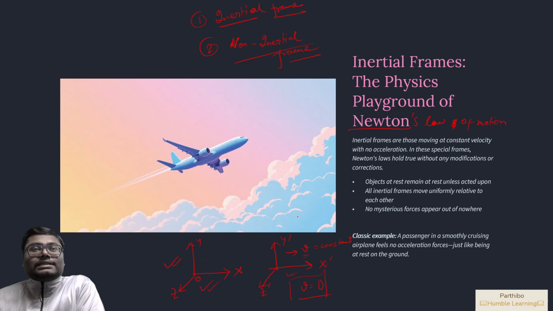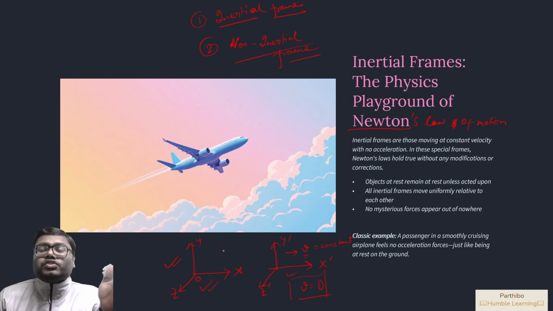For example, a passenger in a smoothly cruising airplane feels no acceleration force, just like being at rest on the ground. But the person observing outside the aeroplane can see that the aeroplane is moving very fast.